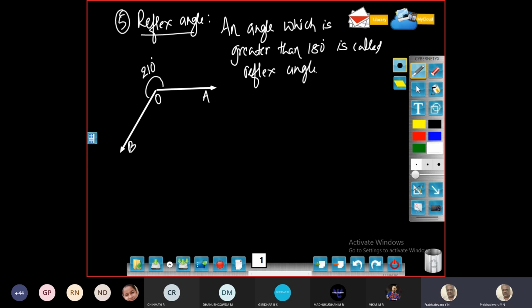And for a reflex angle, you can include that it is less than 360 degrees also. An angle greater than 180 degrees but less than 360 degrees is called a reflex angle. In this diagram, this is measuring 210 degrees, so it is called a reflex angle.